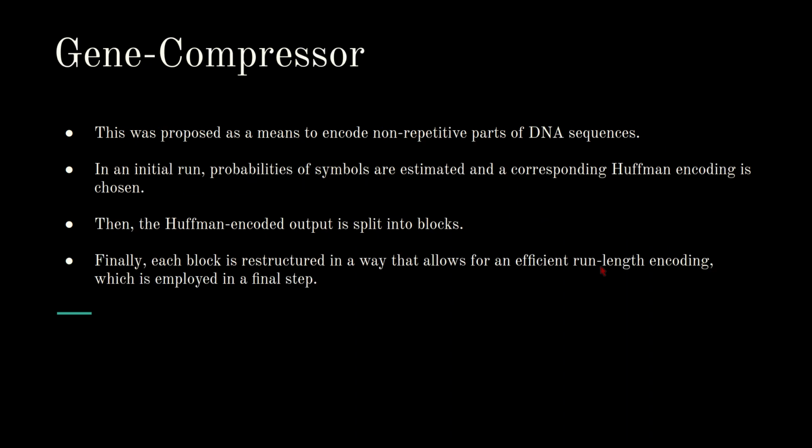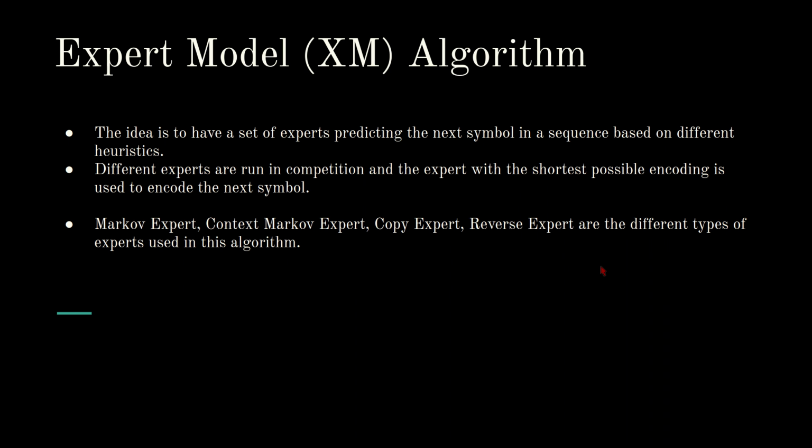So coming to the Markov expert and the different types of experts used in the algorithm. A Markov expert is a k-order Markov model which predicts the probability of the next symbol based on the k symbols it has already seen. The next is the context Markov model.